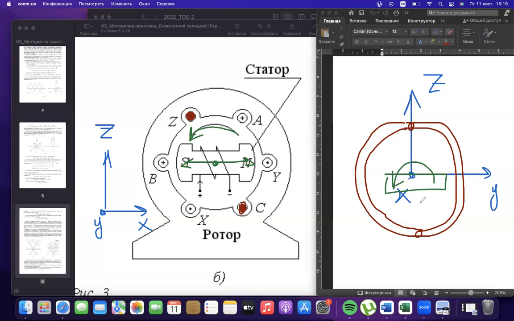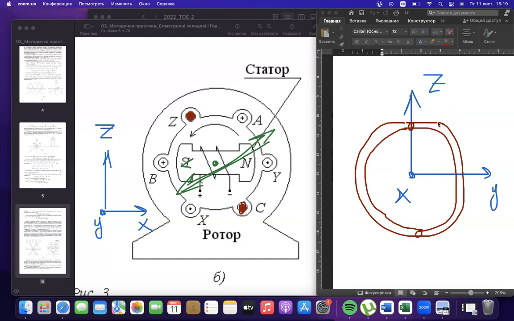Depending on the direction of the magnetic field, if the direction is perpendicular to the cross section of our wire, then it will be the maximum magnetic field. We also could draw the projection like this.